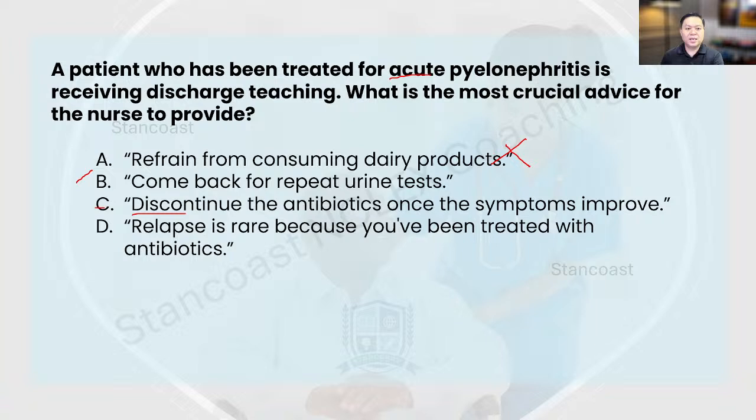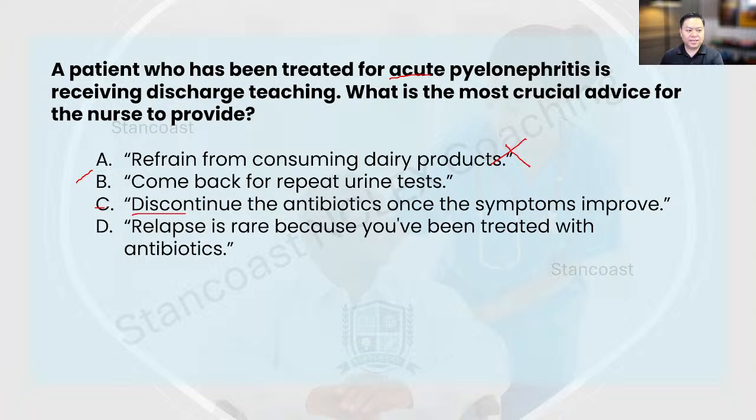So again, the patient should be compliant with the entire antibiotic regimen. You want to make sure that they are taking the entirety of the dosing schedule in order to prevent resistance to the antibiotic, and making sure that we are eradicating the bacteria from their urinary system.